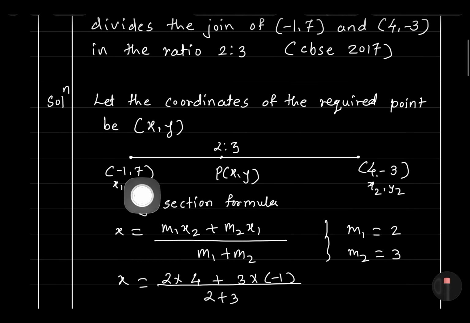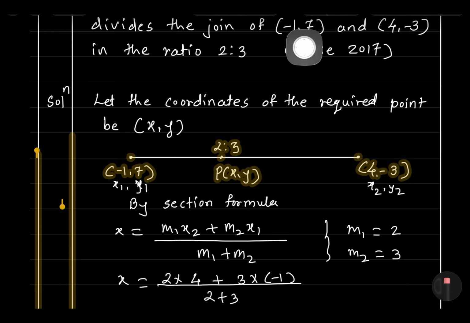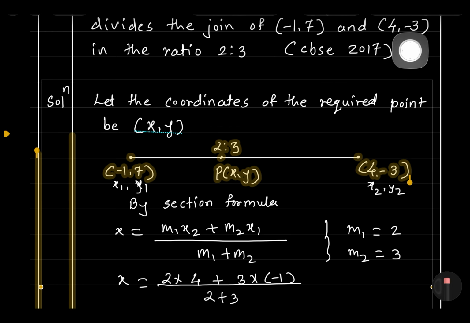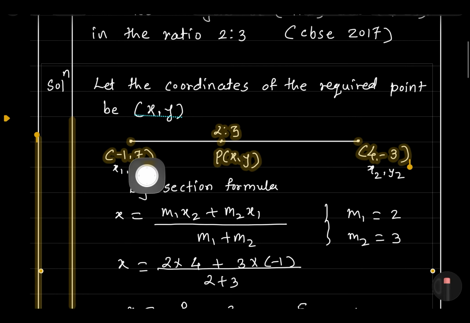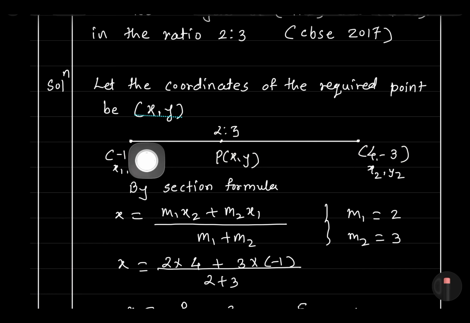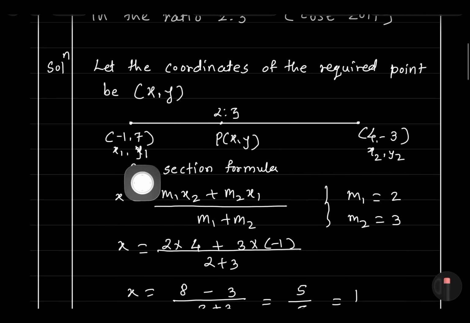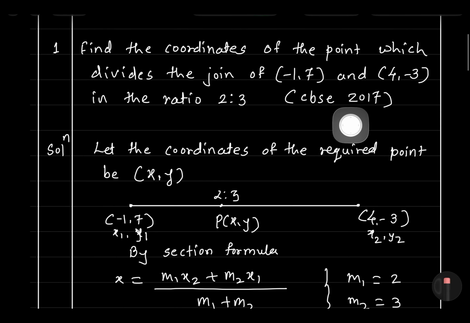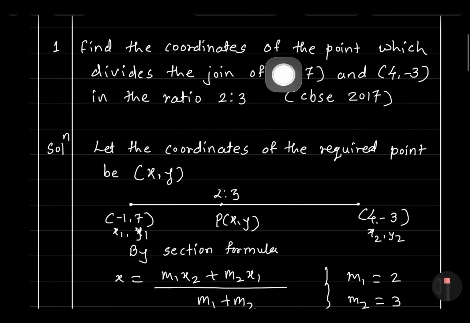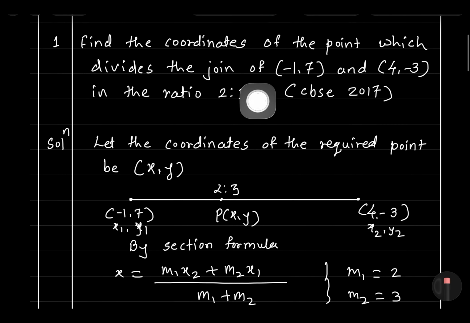Now see here, these 2 points are (-1, 7) and (4, -3). So here, joining them becomes a line segment. For your understanding we can use the formula with x1, y1 and x2, y2. The sentence is given: find the coordinates of the point which divides the join.